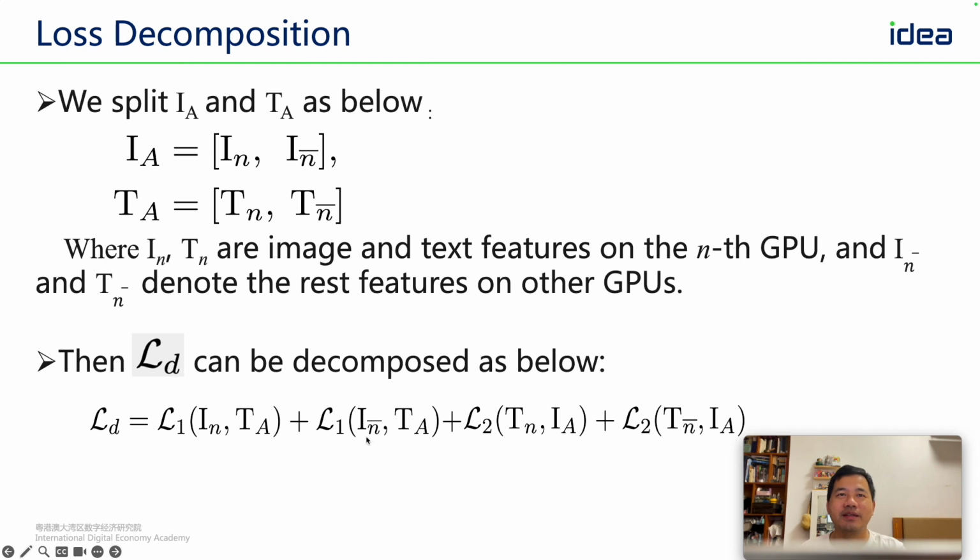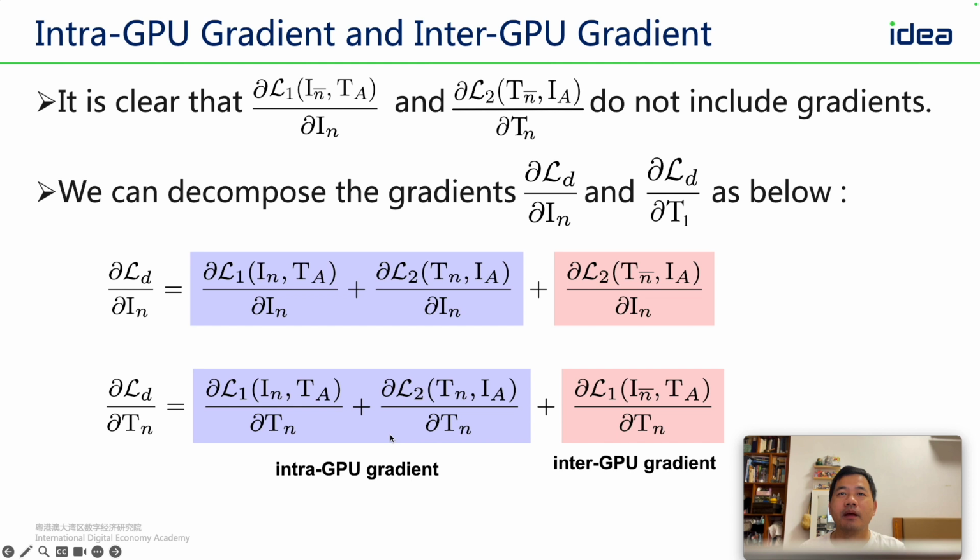Actually, we can find that one term is not related to partial I_n. So these four terms can be transformed into these three terms. And similarly for the text feature, we can do the same thing.